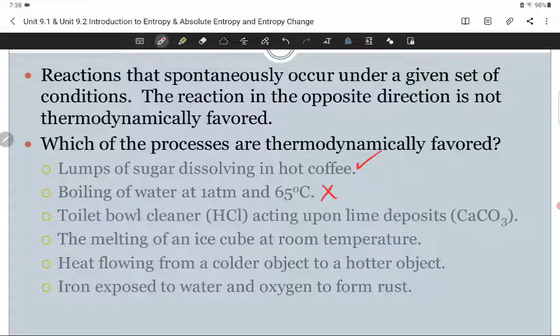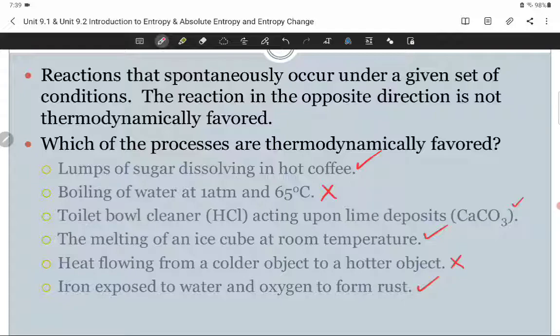Will toilet bowl cleaner act upon lime deposits? Not that you guys are doing a lot of toilet bowl cleaning, but that reaction will occur without any outside influences. Melting of an ice cube at room temperature? Correct, that will happen. Heat flowing from colder to hotter? No. Iron exposed to water and oxygen to form rust? Yes.